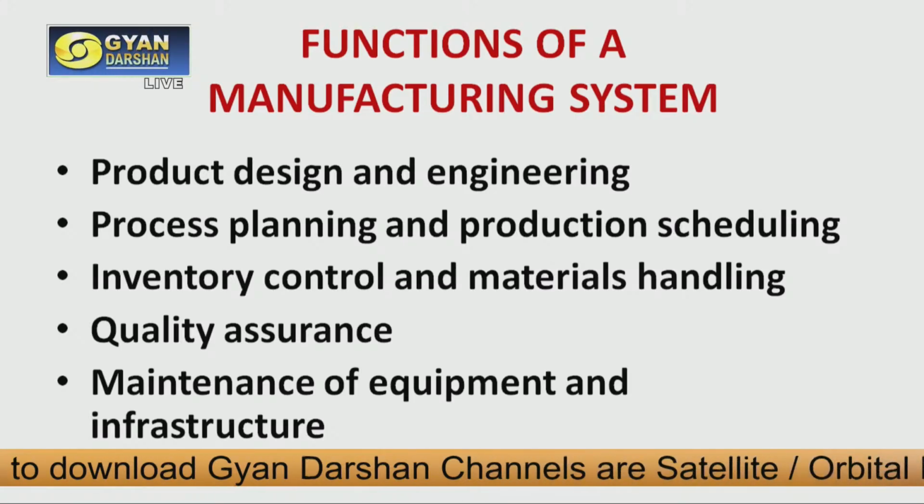Once you decide the product design and the components, you need to decide what type of process planning you need. It will be continuous or intermittent, and whether you need several workstations or machines distributed across the factory, or you want a cell where different types of machines are put together so that the raw material which comes in takes shape as it goes out.